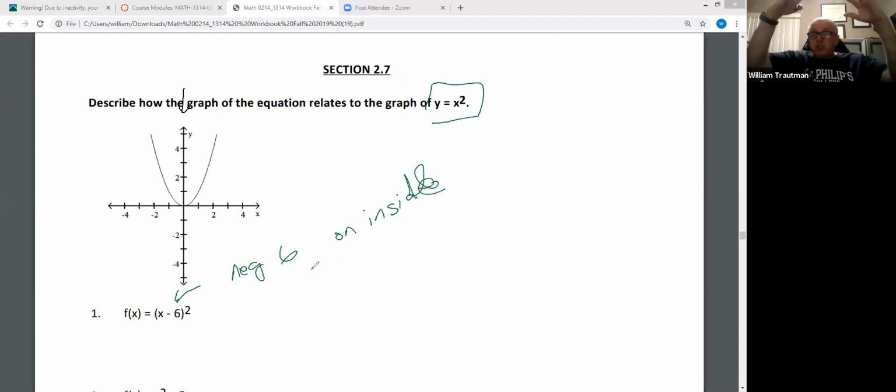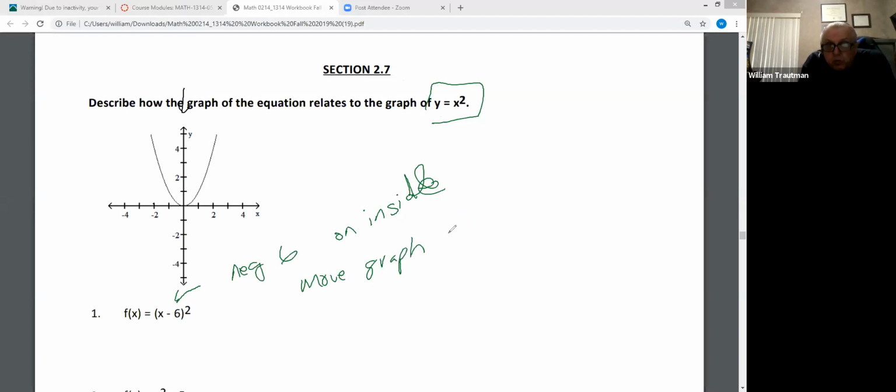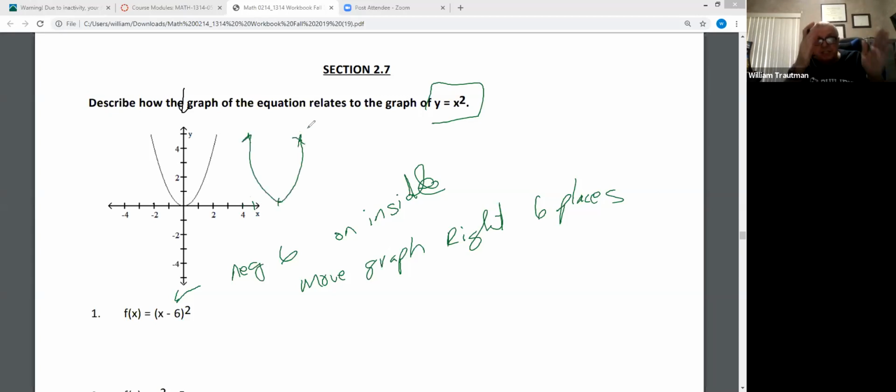If you go back to your notes, a -6 on the inside moves the graph to the right 6 places. So if I was going to graph this, there's 4, 5, 6. That's what the graph would look like. A negative on the inside moves a graph to the right 6 spots. The transformation is moving it to the right 6 places. That's it.